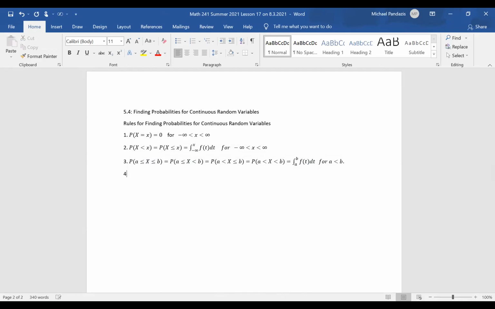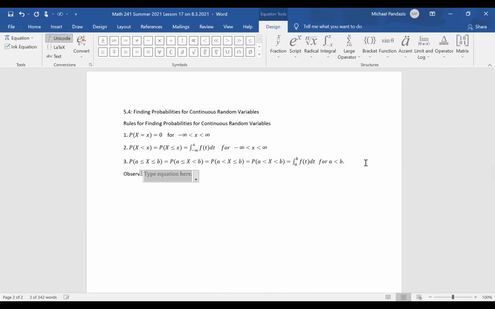So observe that the probability that a is less than capital X less or equal to little x is equal to the probability that capital X is at most little x minus the probability that capital X is at most little a.